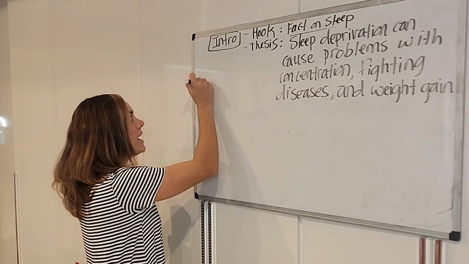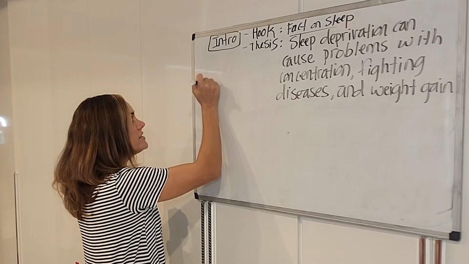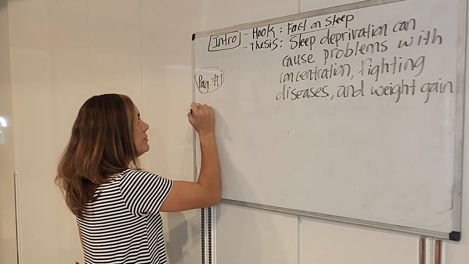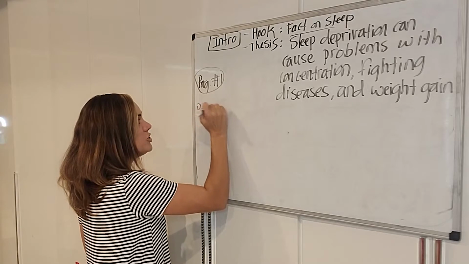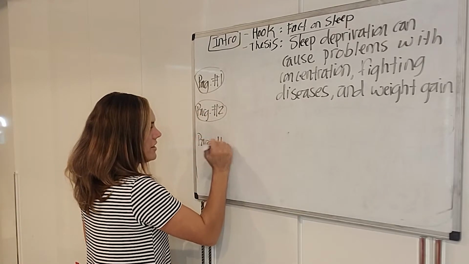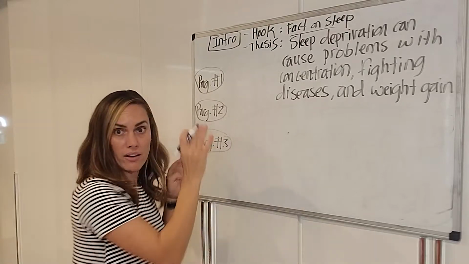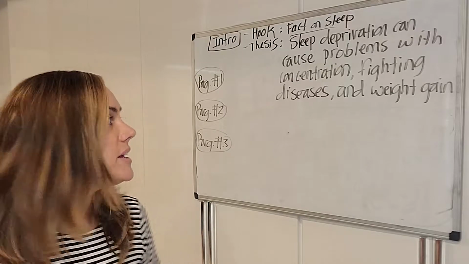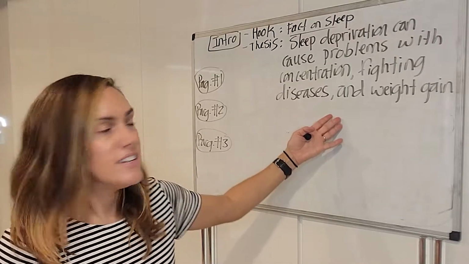Now I need to have 3 body paragraphs. So paragraph 1, paragraph 2, and paragraph 3 in my outline. In my first paragraph, I would probably look to my thesis.